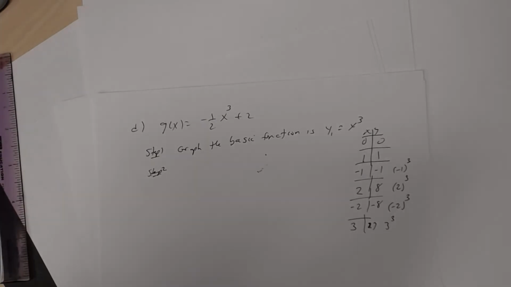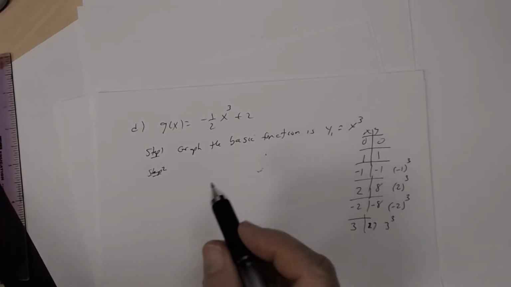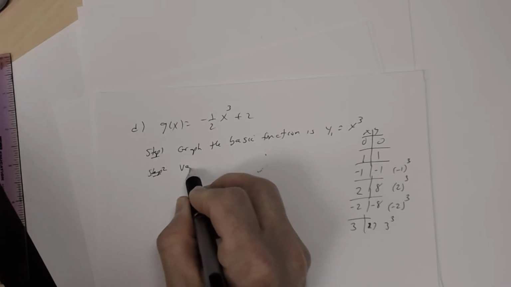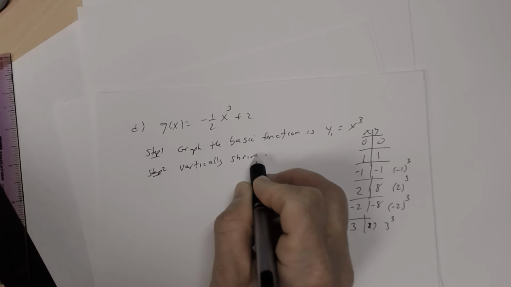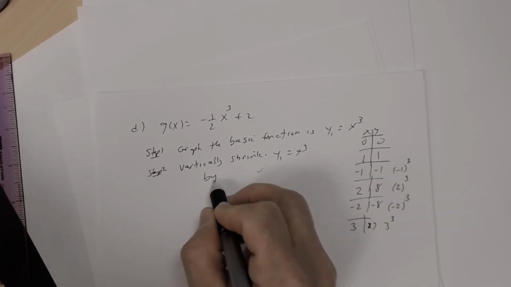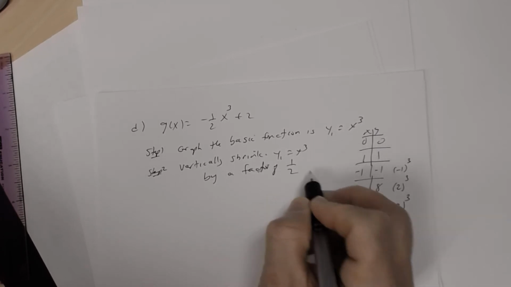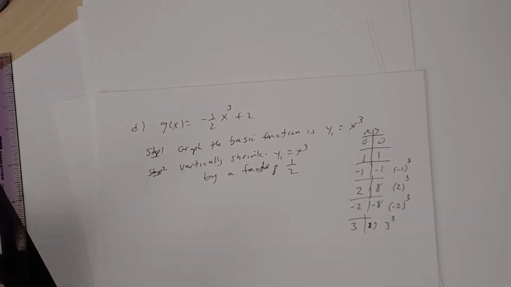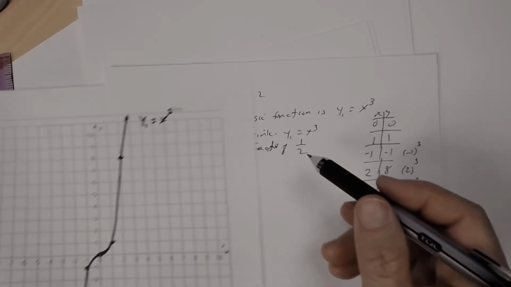So let's do that. So step 2, the absolute value of negative 1/2 is 1/2. So step 2 is I'm going to vertically shrink y1 equals x cubed by a factor of 1/2. By a factor of 1/2. Now remember again, what that means is we're shrinking, right?